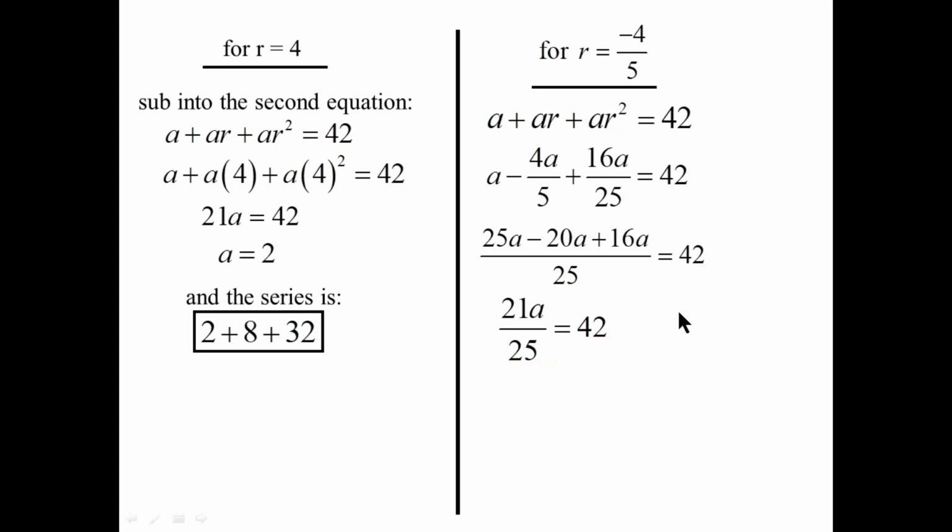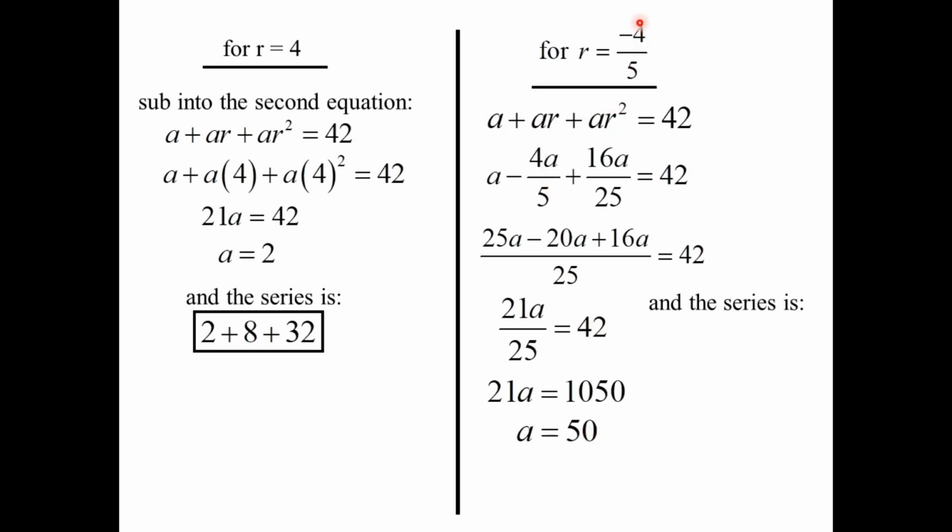Multiply 25 times 42, and we get 1050. Divide both sides by 21, we have a equals 50. Now notice, we have a equals 50, we have r equals negative 4/5. We have to plug them into a, ar, and ar squared. And the series is a, which is pretty clearly 50.